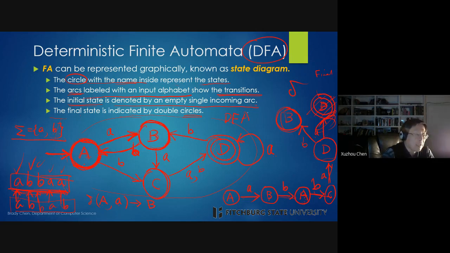So basically, we draw this diagram to define the finite automata, or sometimes we first give you the rule, what this machine can accept. We draw this finite automata, and then we check each input value to see whether this finite automata can accept or reject the input.